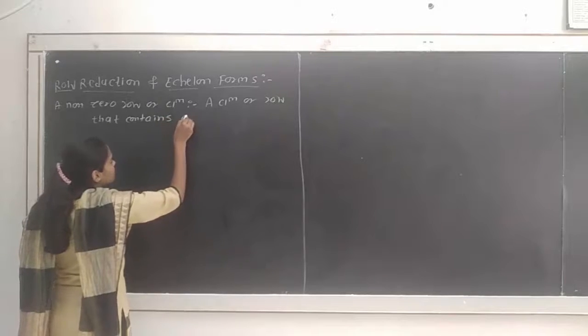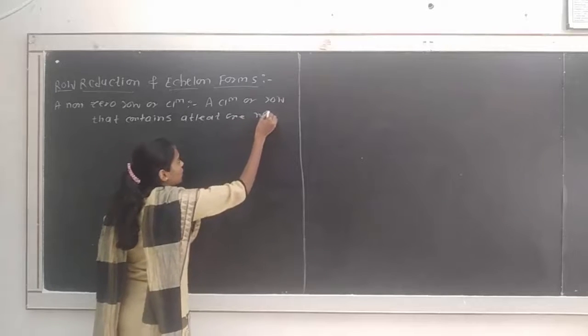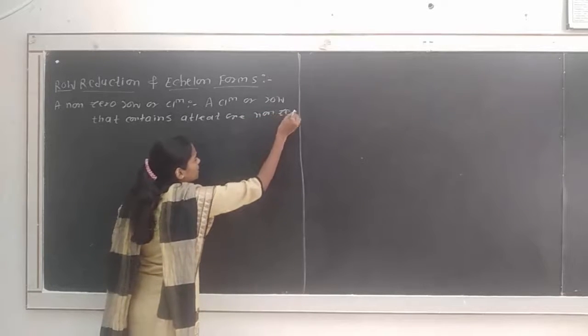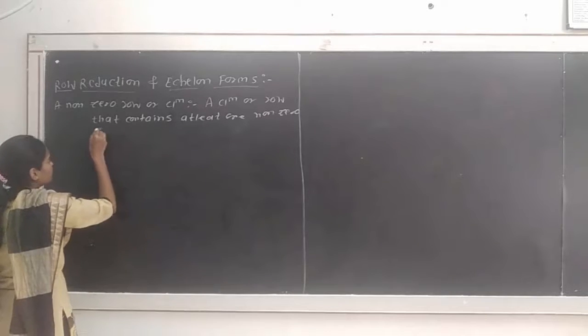Then we say that it is a non-zero row or column.